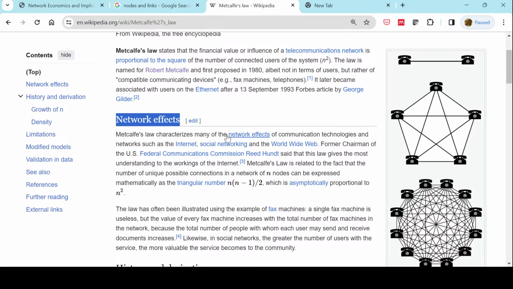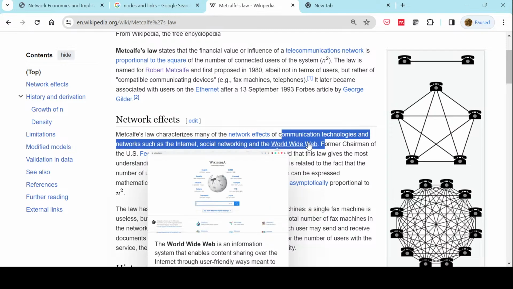I thought, well, I didn't see it. I just read it. It is social networking also part of the network effects. Not only communication technologies, physical communication, but also social networking, like Facebook today, Instagram, and so on.